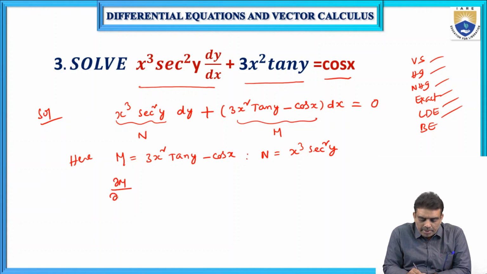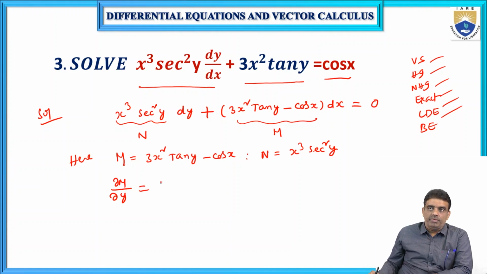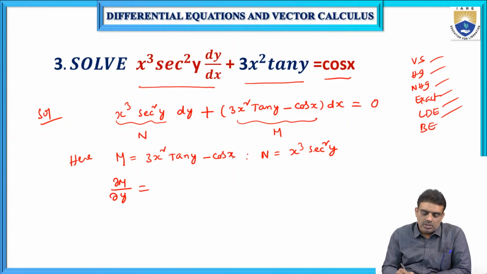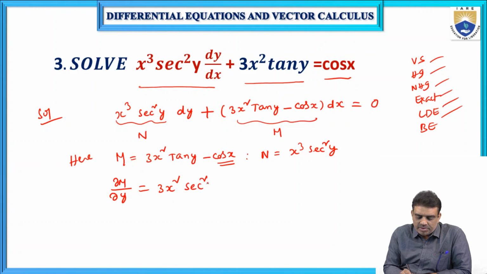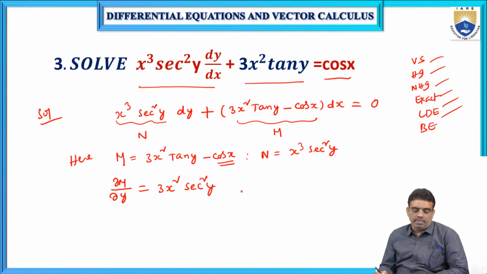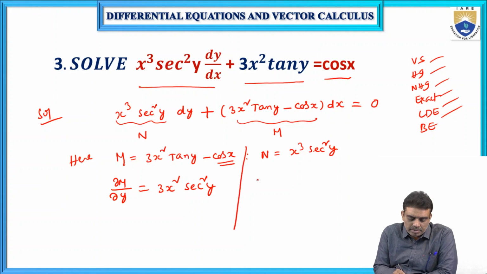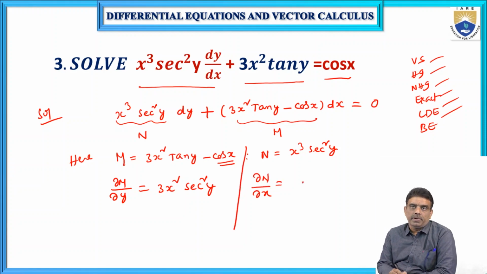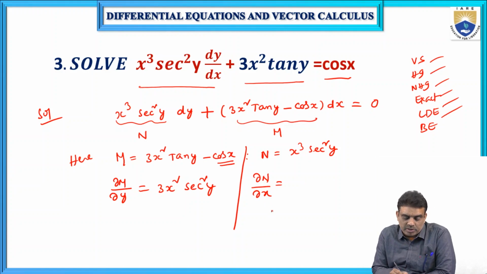Then what is dou M by dou y, the partial derivative of M with respect to y? The second term is 0 clearly. Only the first term: 3x square is constant, and the derivative of tan y is sec square y. That is dou M by dou y. Similarly, what is dou N by dou x, the partial derivative of N with respect to x?